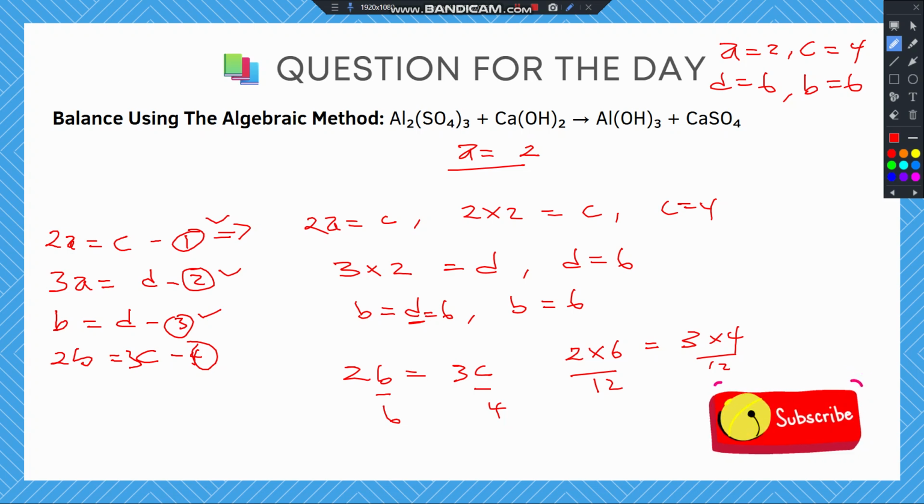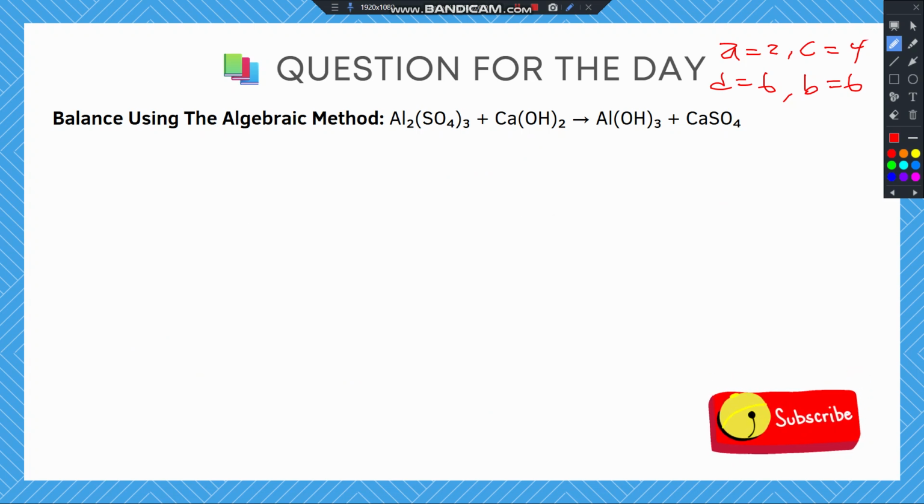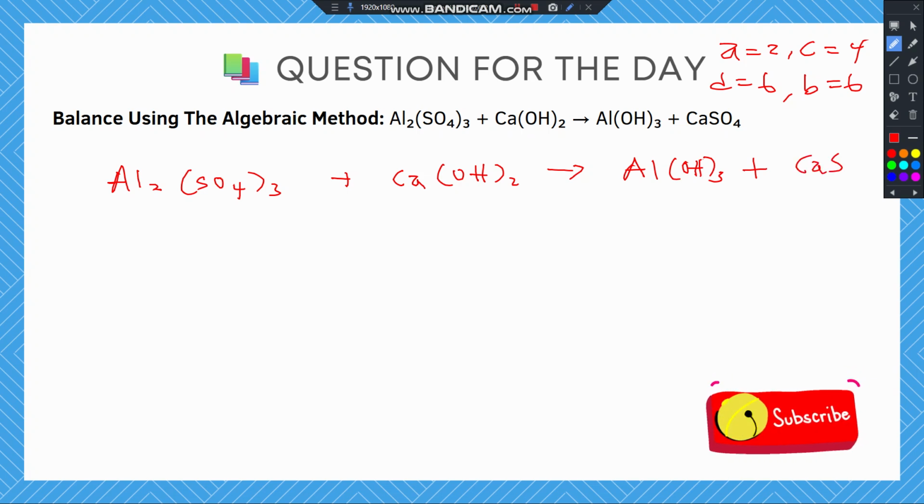The next thing to do now will be to use the numbers that we have identified the letters to be to impute them into the equation. Let's do that very quickly. To do that, we have the original equation that says Al₂(SO₄)₃ plus Ca(OH)₂ yielding Al(OH)₃ plus CaSO₄.